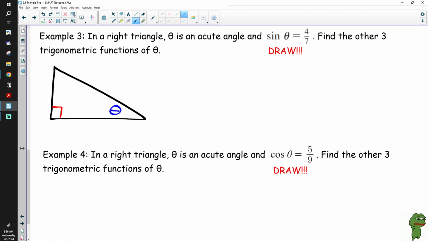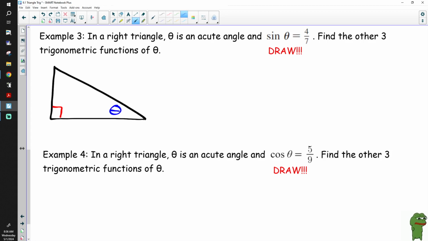We also know what else? What other piece of information is told to us? We got our 90-degree triangle. We got our theta. It also tells us that sine of theta is what? 4/7.